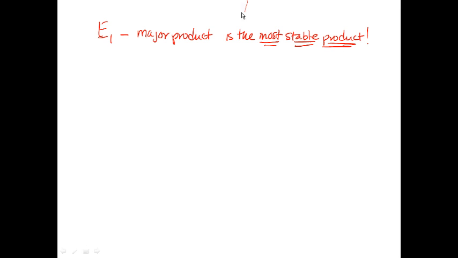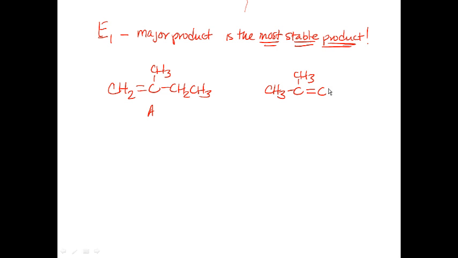And you might say, oh, well, great. So of these two alkenes, A and C, which one's the most stable?